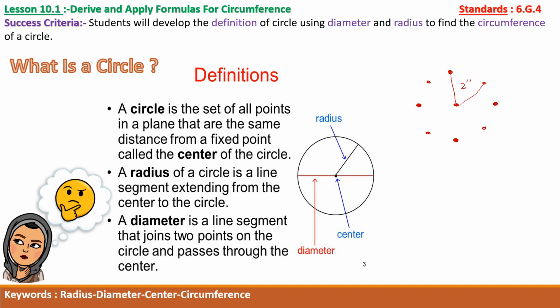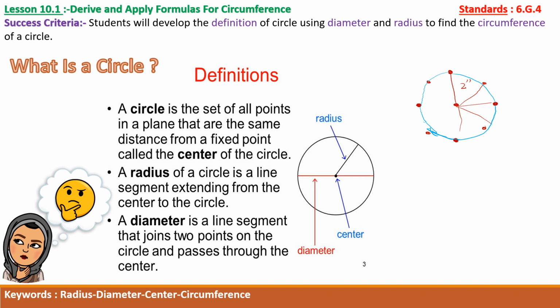It means that every point is at a distance of 2 inches. Now join all these external points. When you join them, don't go by my drawing, just see that a circular shape, or a circle, is formed.